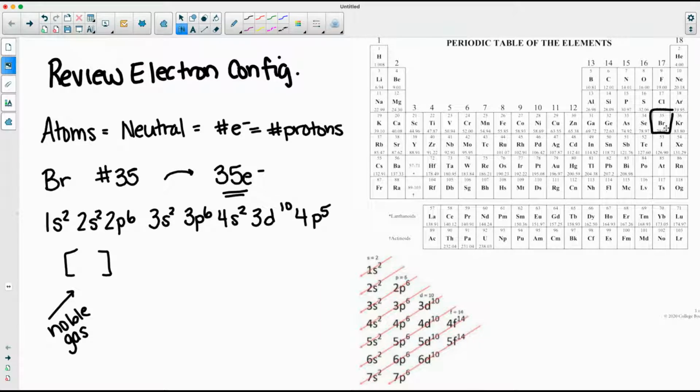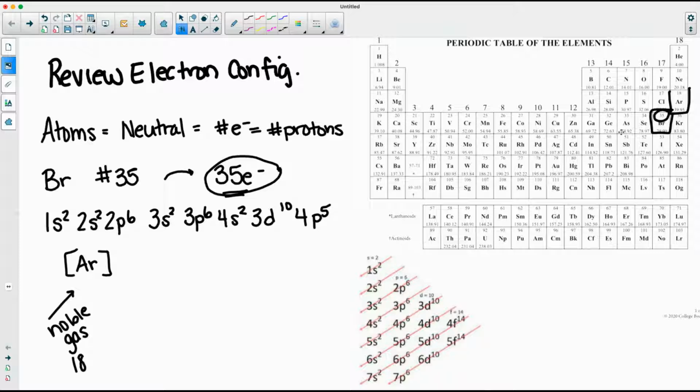So we look on the table. Bromine has an atomic number of 35. We are looking for the noble gas that is less than 35 but closest to it. That's going to be argon. Argon represents the first 18 electrons, which means I only need 17 more.